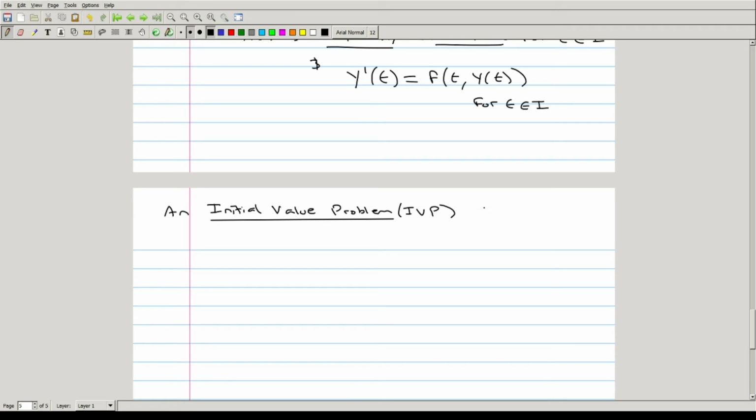So an initial value problem solves an ODE while specifying that it attains or hits some initial value.